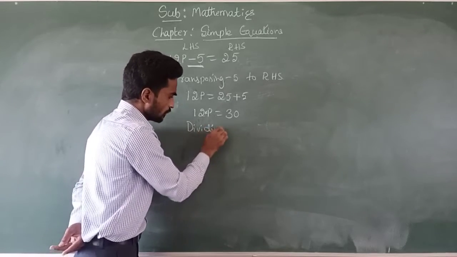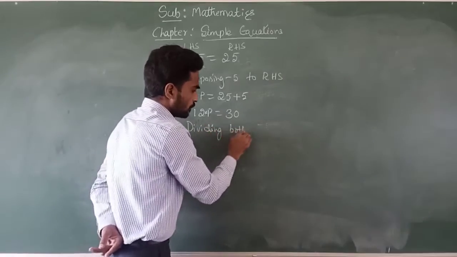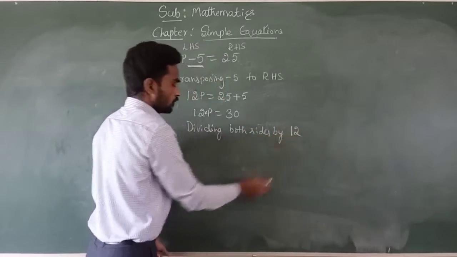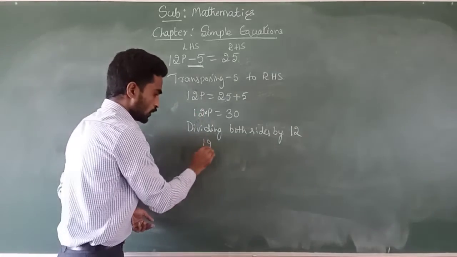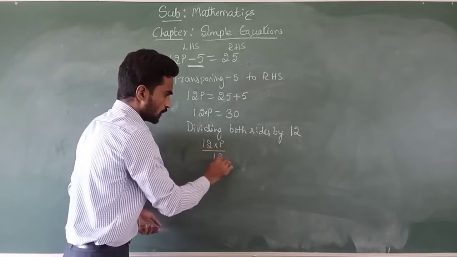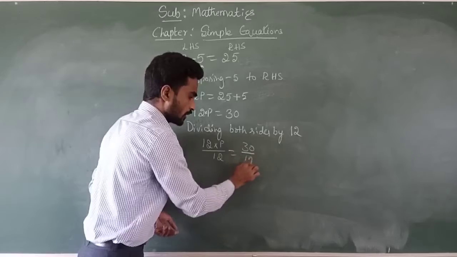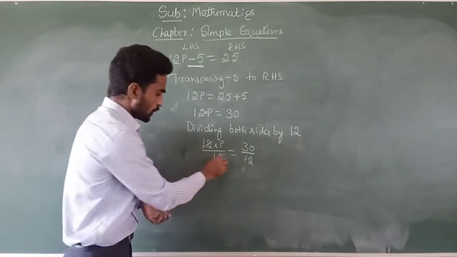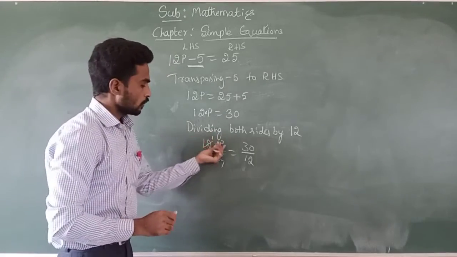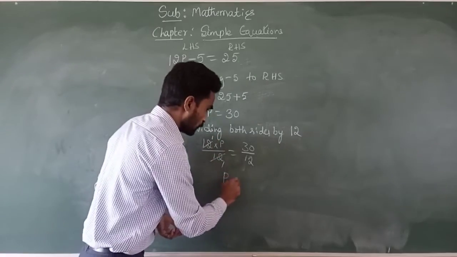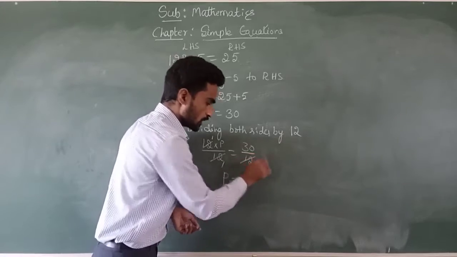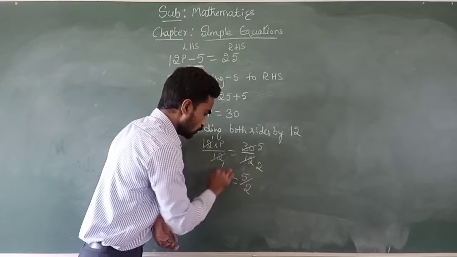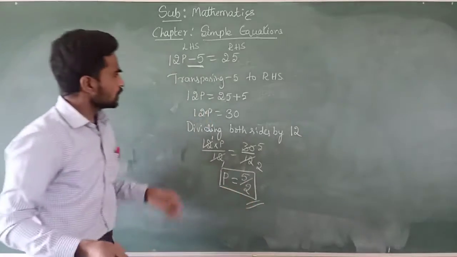Dividing both sides by 12, we get 12 into p divided by 12 is equal to 30 divided by 12. Here 12 cancels, 1 into p gives p, which is equal to, 6 2s are 12, 6 5s are 30, so p is equal to 5 by 2.